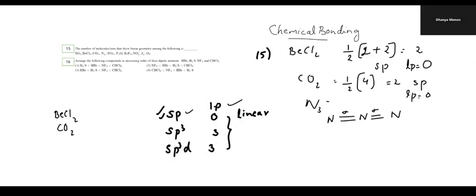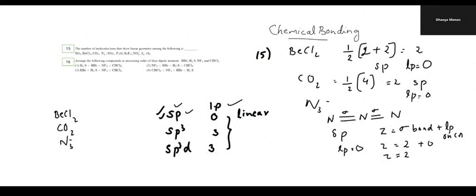The Z value is the number of sigma bonds plus lone pair on the central atom. Okay, so number of sigma bonds is 2. The lone pairs on the central atom is 0. So Z value is 2. So that means it is sp hybridized. So there's no lone pair. So this also comes in this category. Lone pair is 0. So N3 minus also has this linear shape.